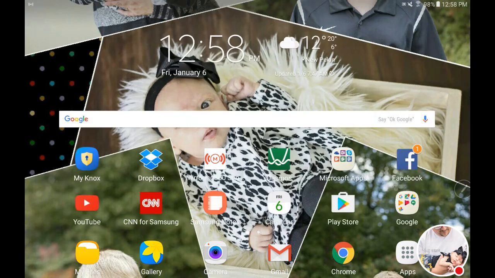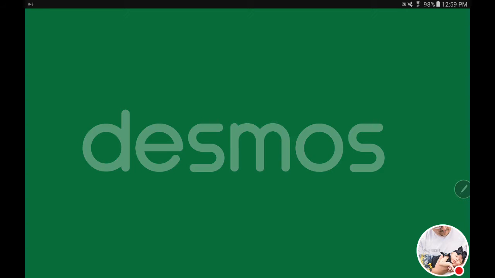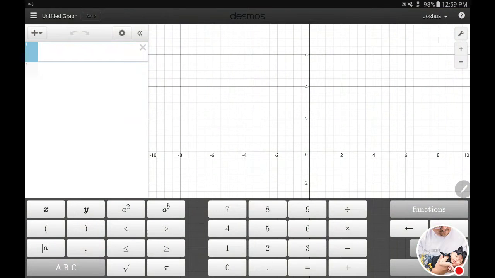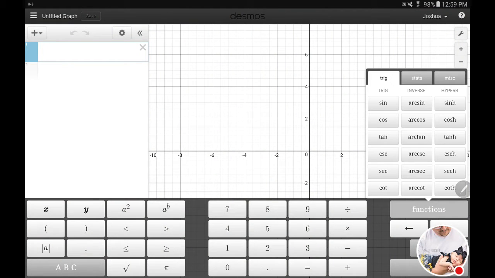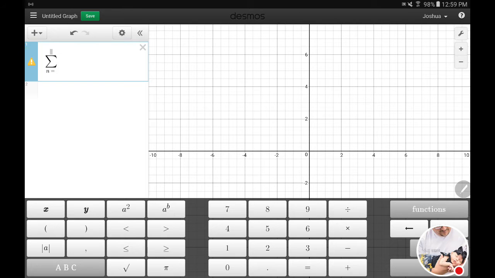Alright, on Desmos, there is a great function. So when you load up Desmos, you go to your function button, and if you go over to miscellaneous, you might look down here at the corner and you'll see sigma. So we just got to type in our starting point at 1. We go up here to the top and we're going to make that 100.